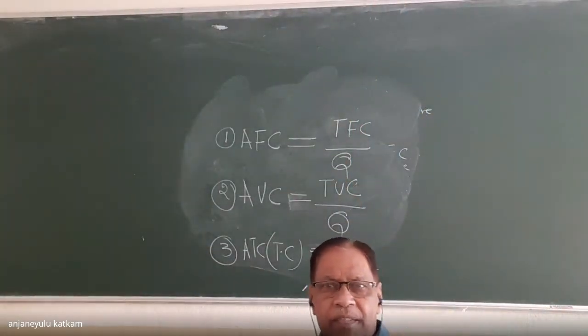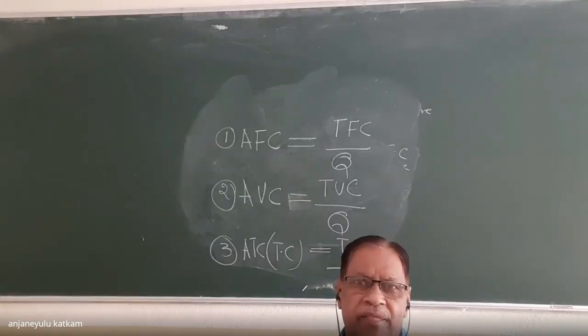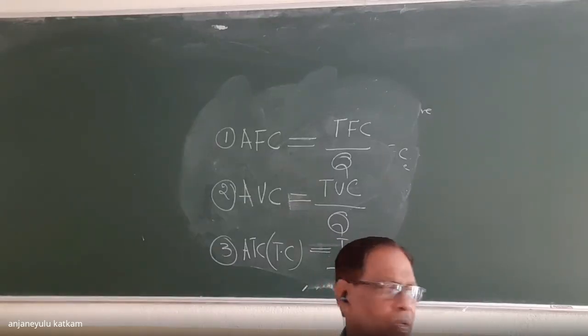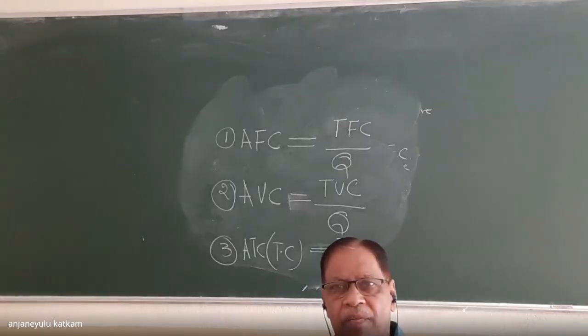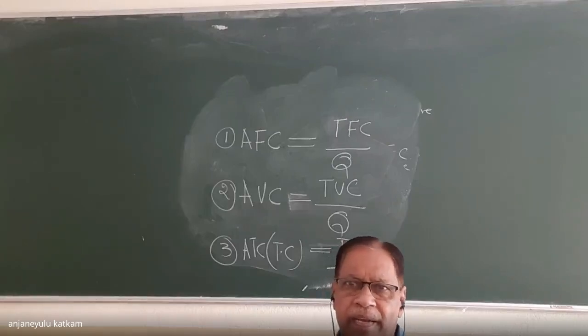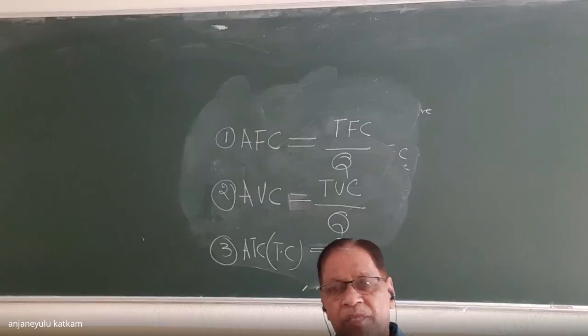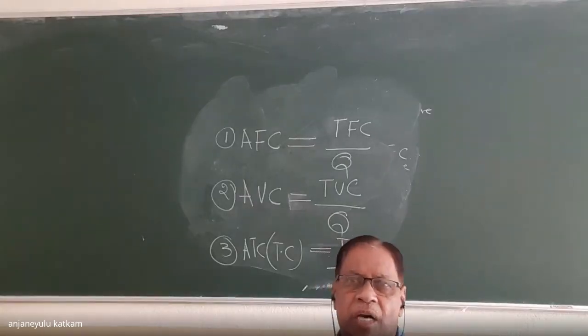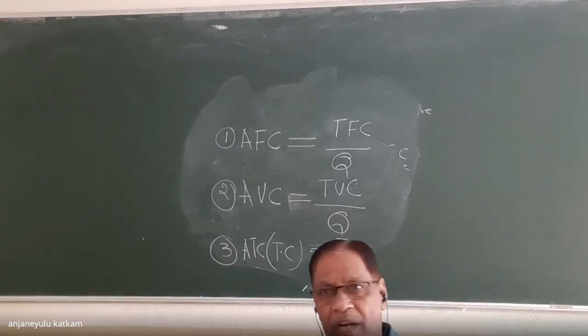One is average fixed cost, AFC. Second is average variable cost. The third one is average total cost, ATC. So in total we now have 3 total costs and 3 average costs, that is 6, plus one more, that is marginal cost in the short run period.